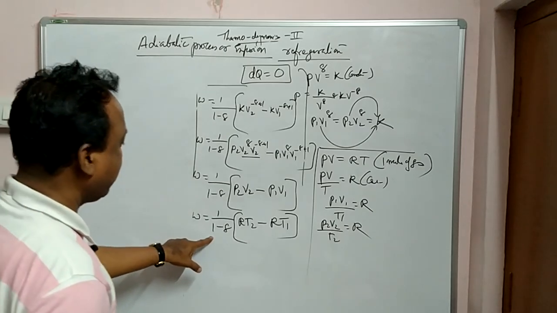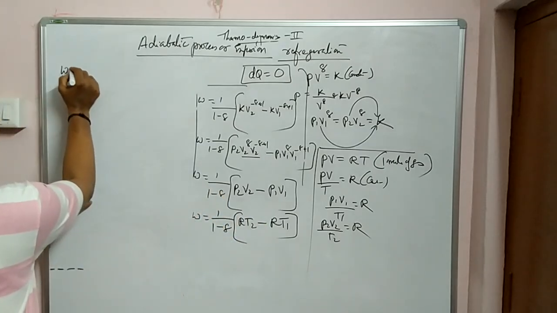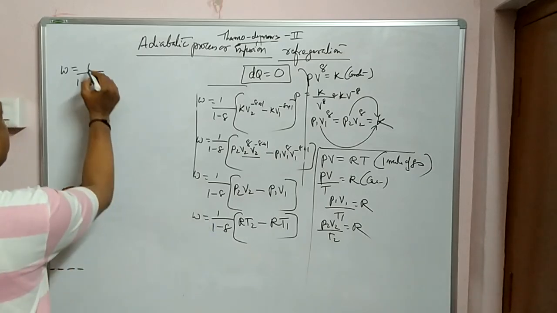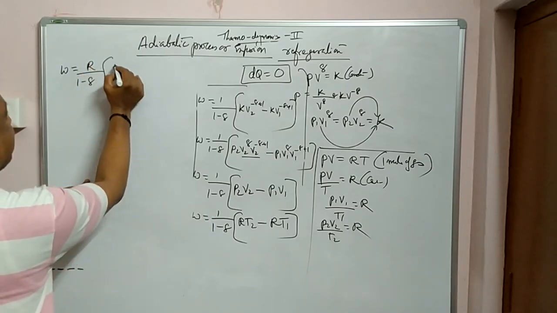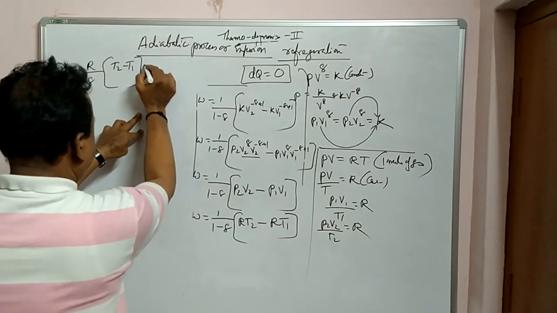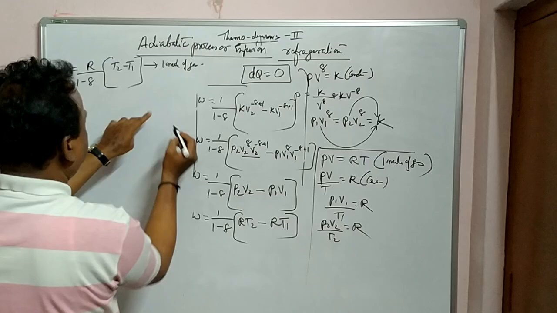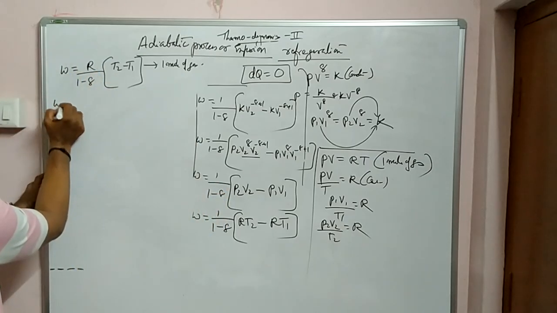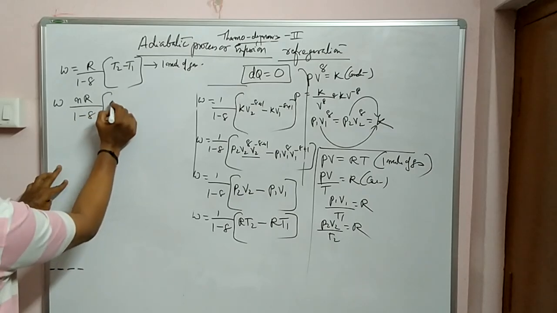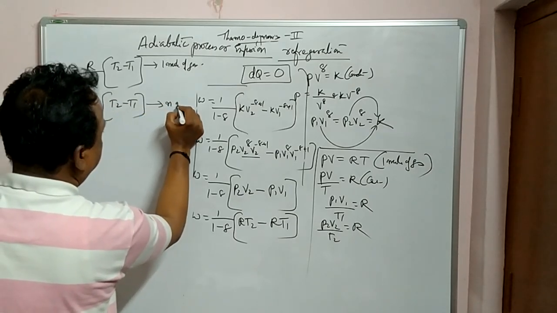If you want n moles, you can multiply with n at the end. So n R by 1 minus gamma into T2 minus T1. This is for n moles of gas.